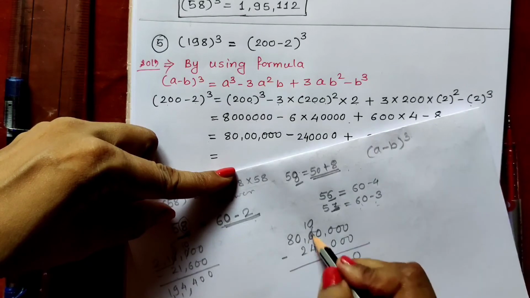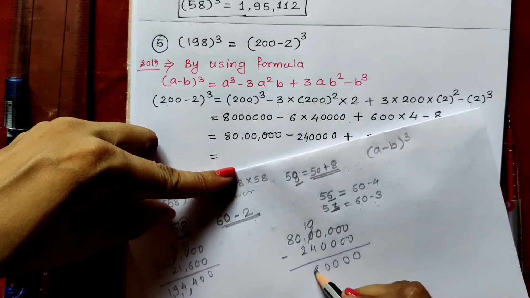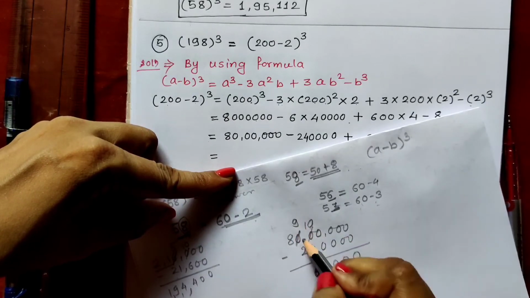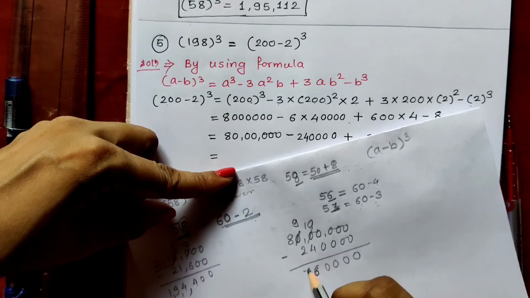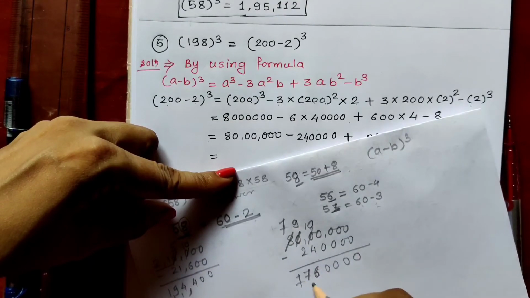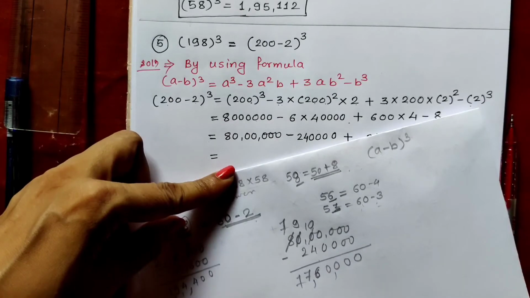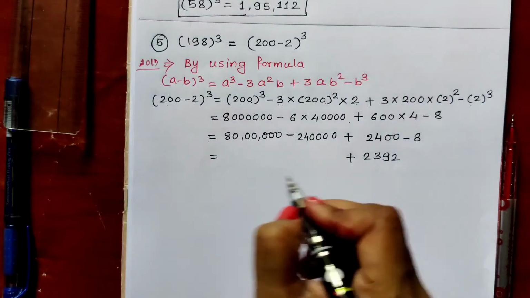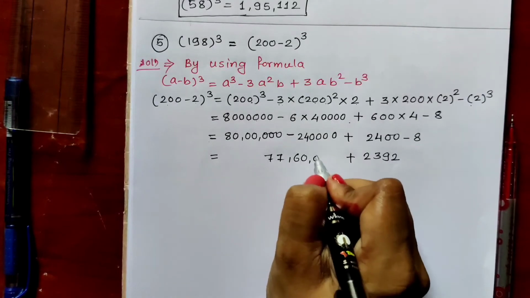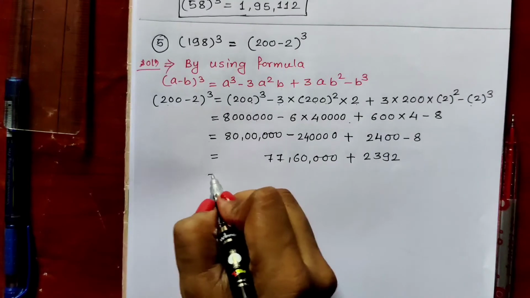Now 10 minus 4 is 6. 1 borrowed, we can now write 10, we have to write 9. 9 minus 2 is 7. 1 borrowed, it becomes 7. 77 lakh 60,000. So we have got 77 lakh 60,000. Now add, very easy.